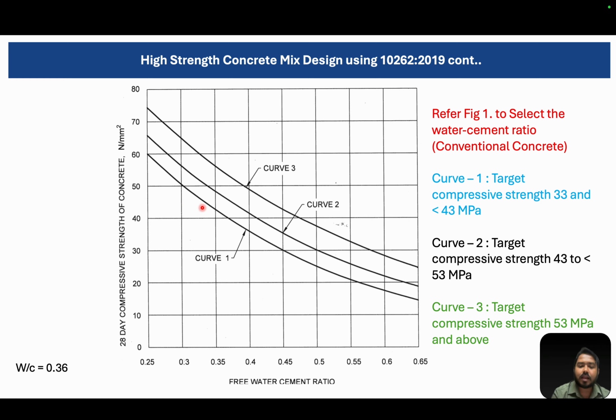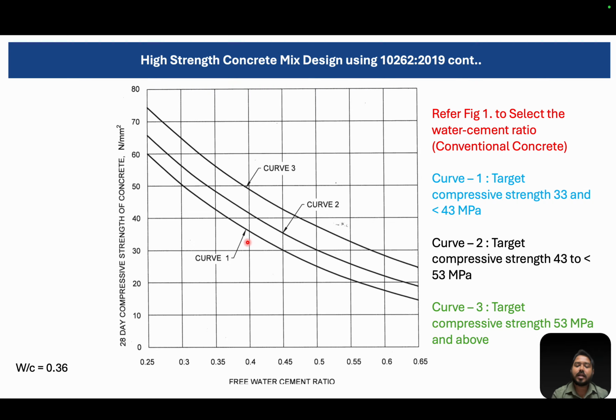You can see in this particular graph, you have curve 1, curve 2 and curve 3. You might have a doubt which curve I need to consider. There is a simple guideline. If you need to take curve 1, the target strength, whatever you got from your step 1, must be within the range of 33 to 43 megapascal.